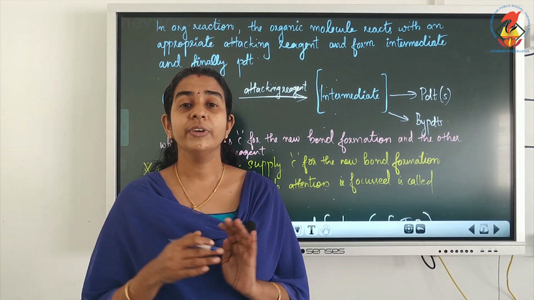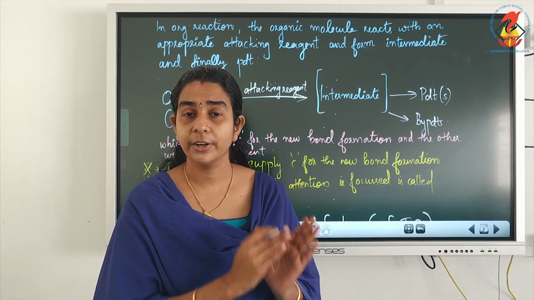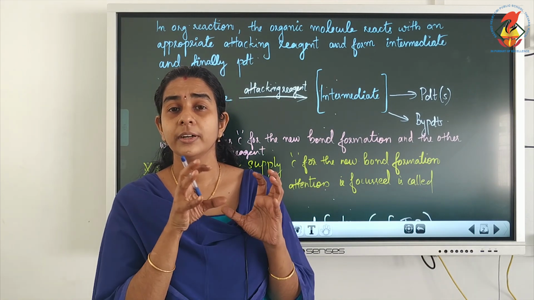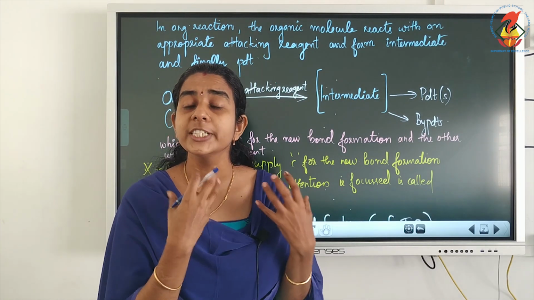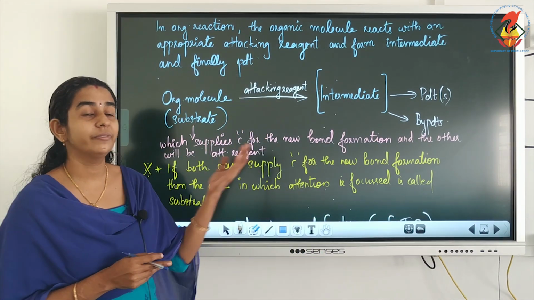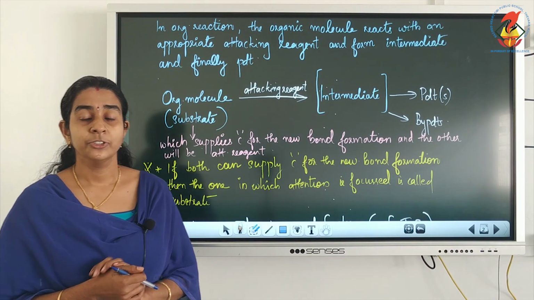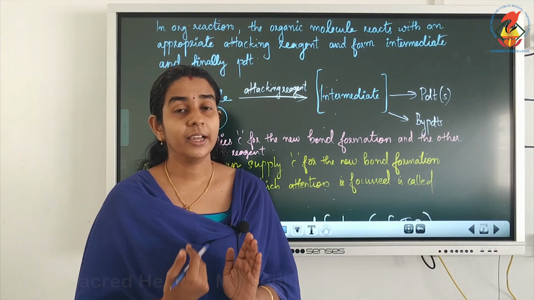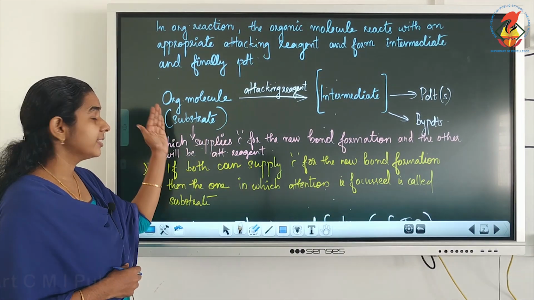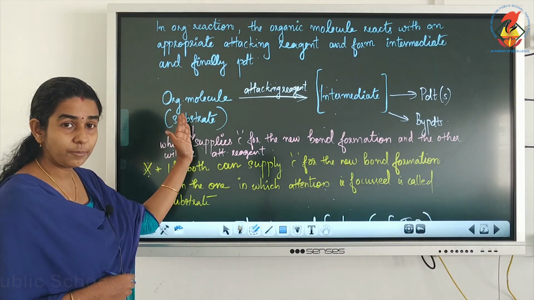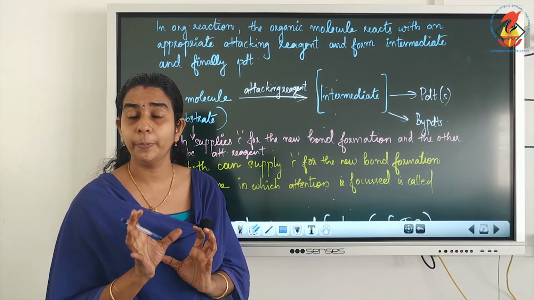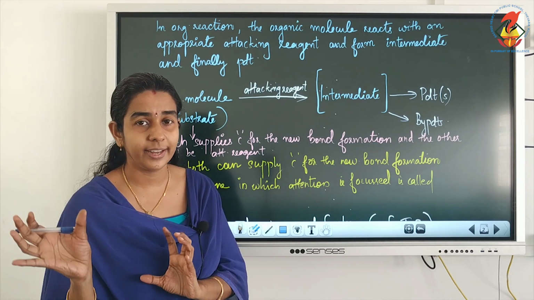In such cases, the reactant or organic molecule on which more attention is focused in that particular reaction will be called the substrate, and the other one will be called the attacking reagent. So, this is about the reactants in an organic reaction. One reactant will be called the substrate, and that organic molecule will react with an attacking reagent. There will be a suitable or appropriate attacking reagent for each and every organic reaction.